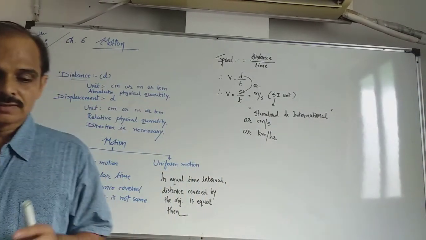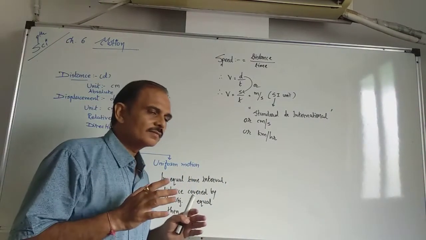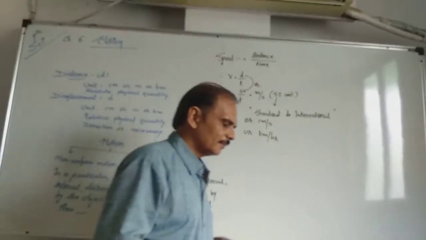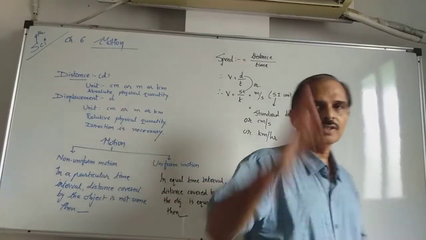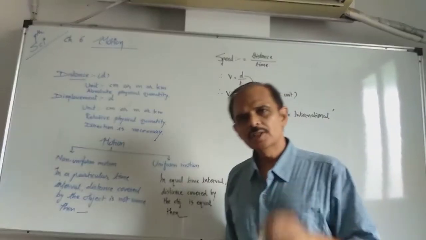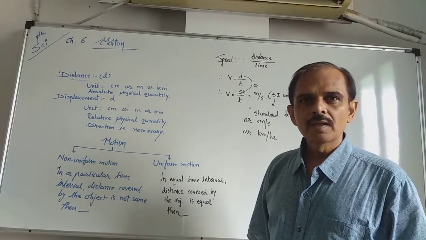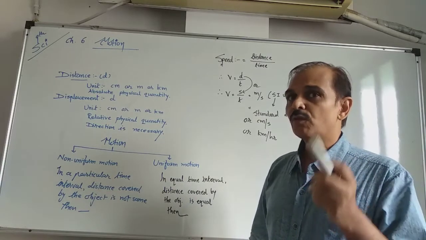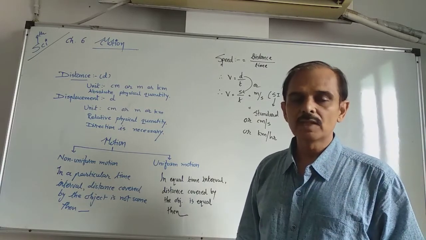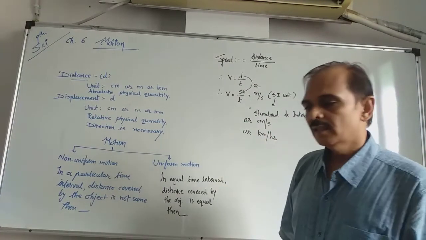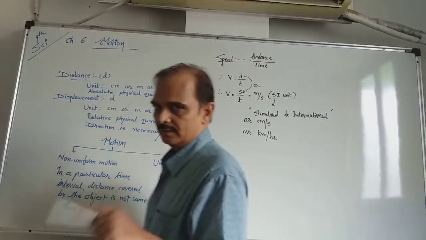Suppose someone said that my dad drives a car at 140 km per hour. Is it true? Maybe, maybe not. It may be true for a few seconds, but not for the whole journey. For the whole journey, it is totally wrong.